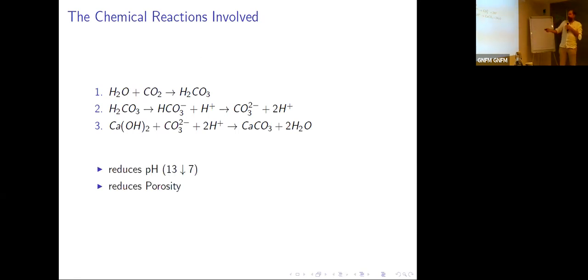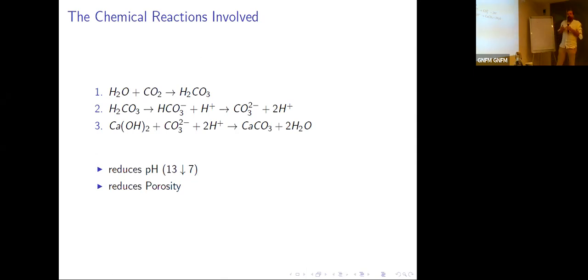As is already known, this reduces the pH of the environment, making the environment more acidic. And it also reduces porosity of the carbonated region with respect to the upper part. However, according to chemical engineers, this is not finished.